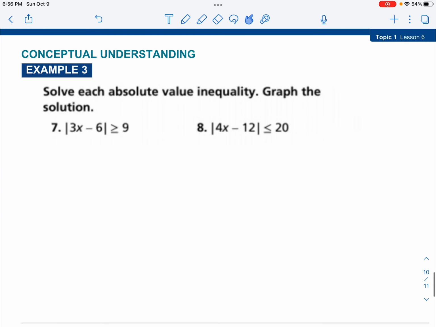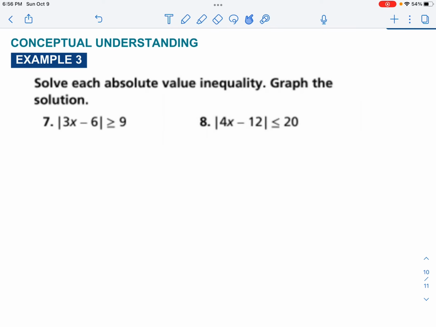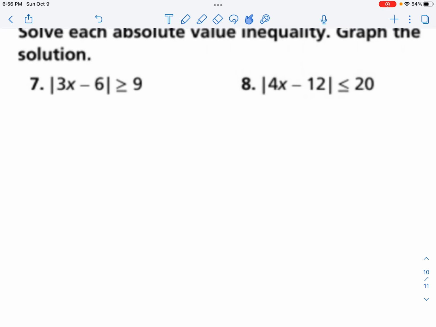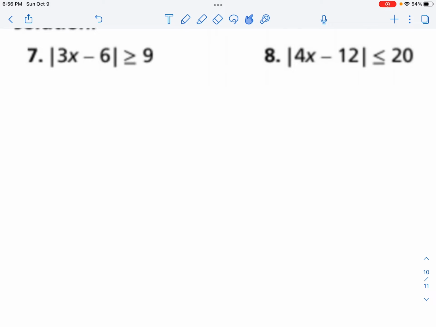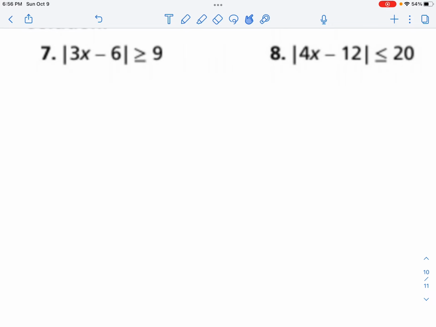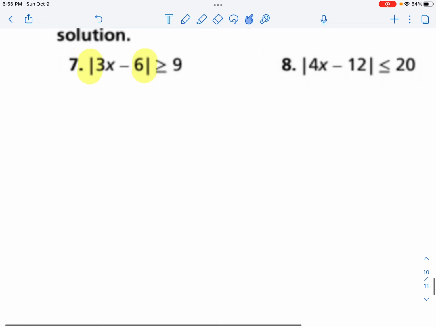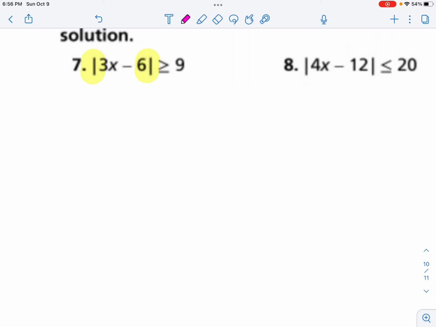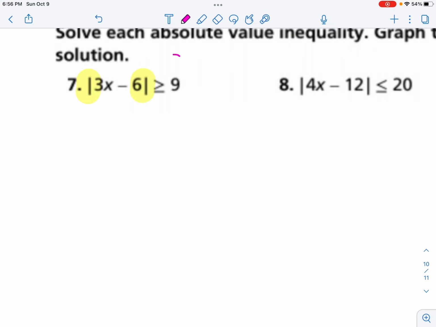Last but not least, I am going to solve each absolute value inequality. So starting with my first inequality here, it's already isolated, so no need for me to isolate my absolute value. I am going to start by setting up my two solutions. And this is starting as a great or, so this should be an or graph when we finish graphing.